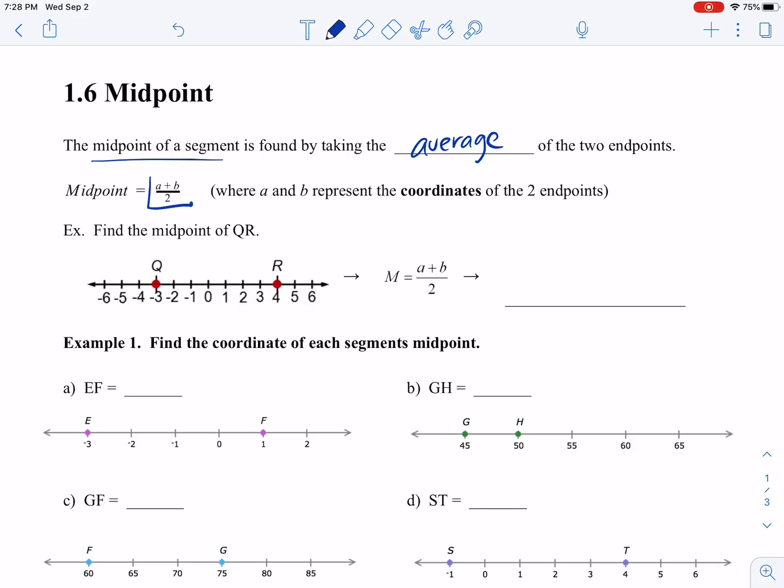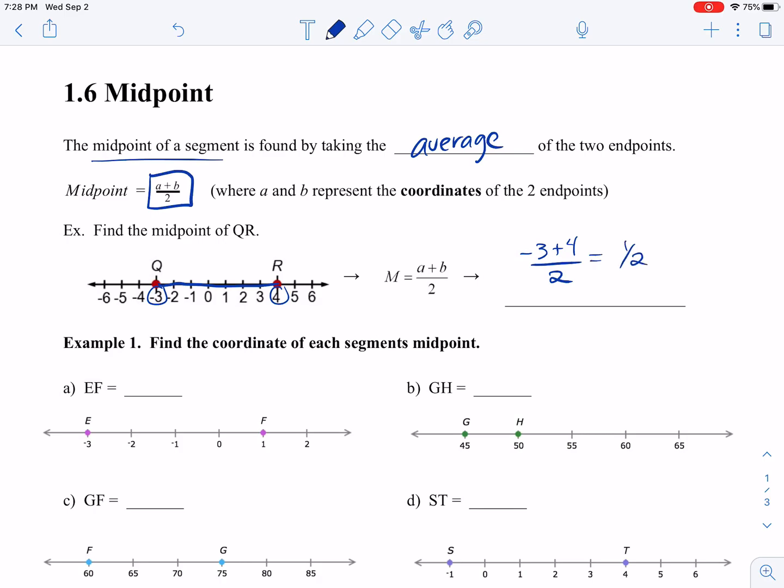So average is the sum of the two endpoints, or the sum of any two items, divided by 2. So if we wanted to find the point right in the middle of QR, you can just take your two endpoints, -3 and 4, or the coordinates of the two endpoints, add them together, and divide by 2, just like you're finding average.